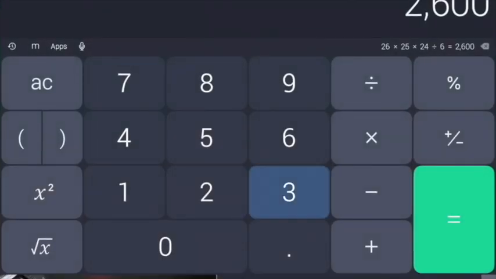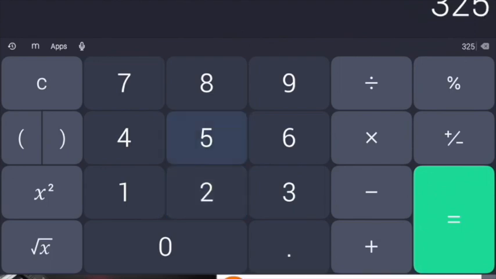Let's calculate this. 325 multiplied by 26 is 8450, plus 2600, it is 11050 divided by the sample space.